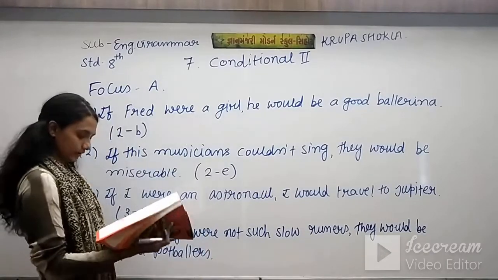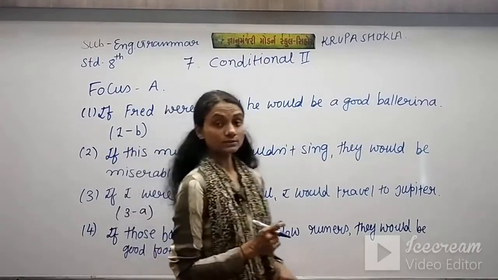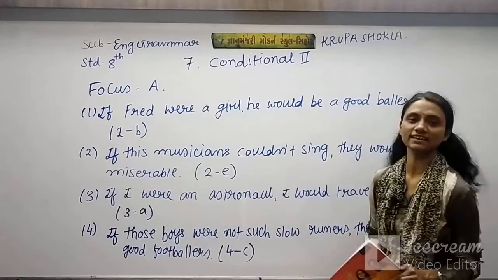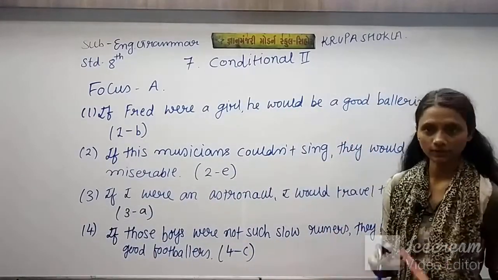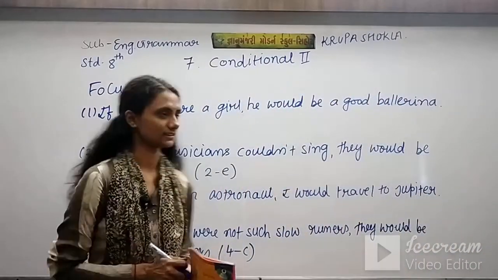It means 4 and C. Okay students, so this is focus exercise A. Still one remains. You just note this down. After that I'll write that one and the other exercise. Please note down.